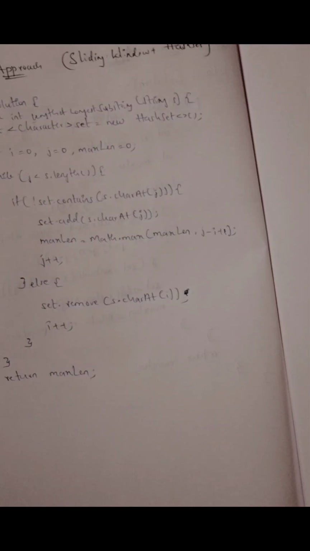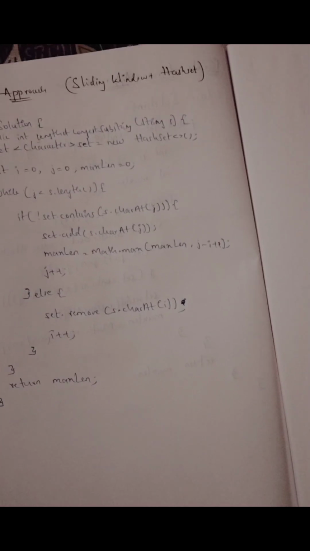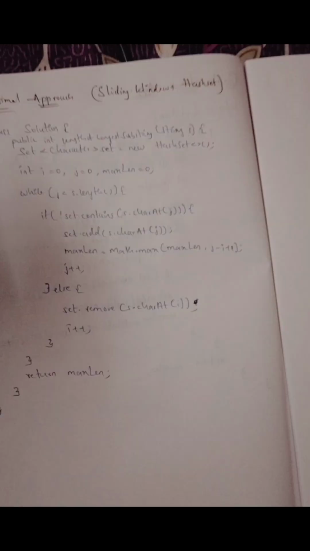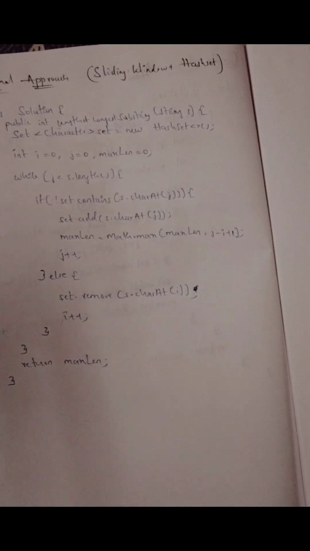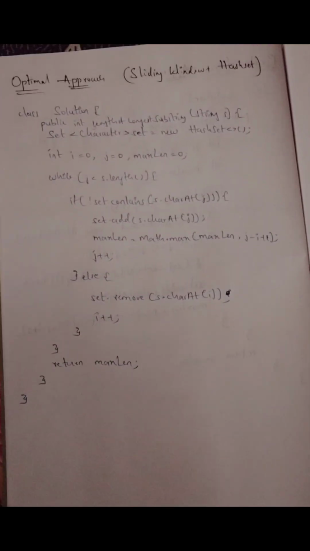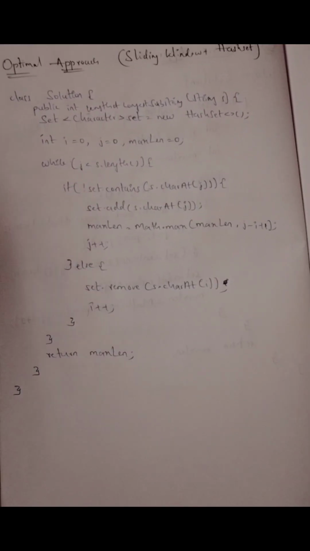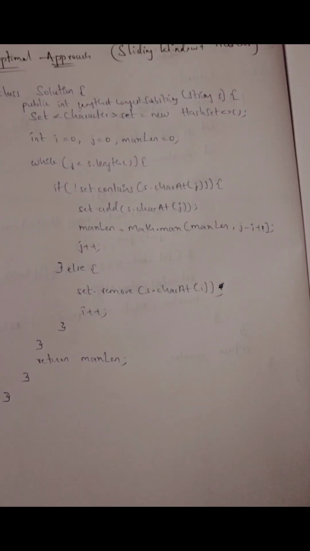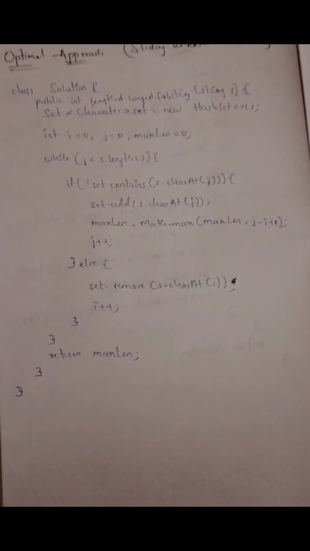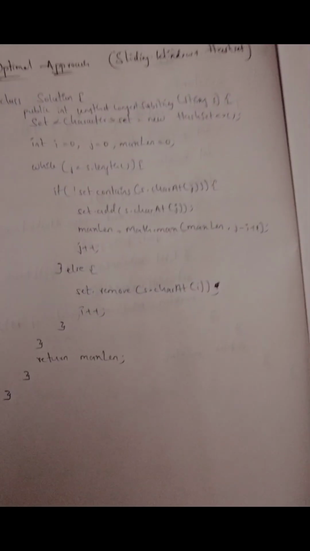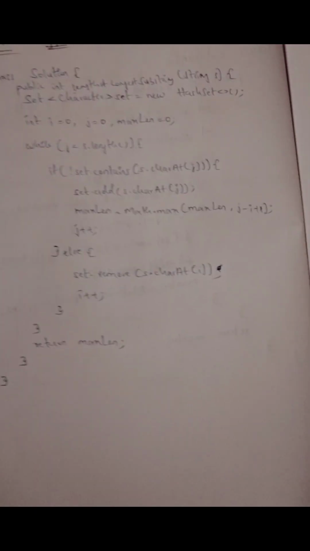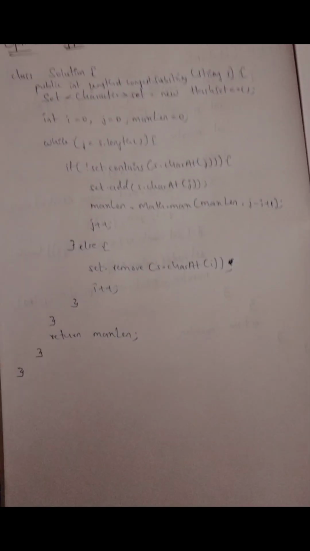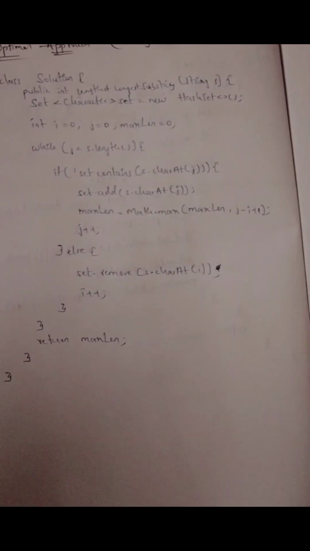We take a while loop, and we'll move the j pointer until we reach the end of the string. In case 1, if the character is not in the set, we add that character into the set, update the maximum length, and move j forward with j plus plus.